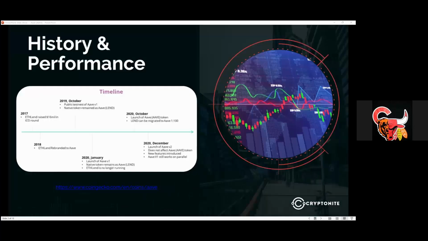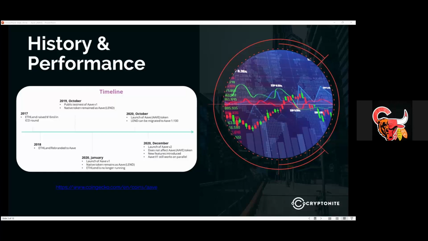Can we now talk about the history and performance of Aave, Boris? Sure. Back in 2017, they had an ICO round. Then in 2018, they used to be called ETHLand, and they rebranded to Aave. And in 2019, they started having their testnet available. And of course, that's when they also launched the native token, Aave, which used to be Lend, and they switched to Aave.